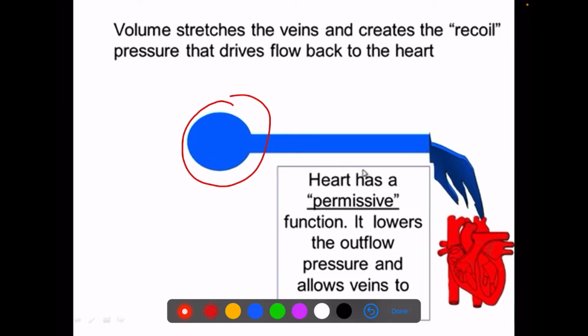The heart's basic function is to lower the pressure in the right atrium. By lowering the right atrial pressure, it creates a pressure gradient from the venous reservoirs. So the heart's primary function is a permissive function, which is to reduce the pressure in the right atrium.